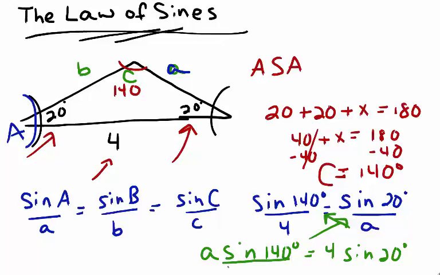And then here we can divide sine of 140 from both sides. And our result is that length A is equivalent to approximately 2.13.